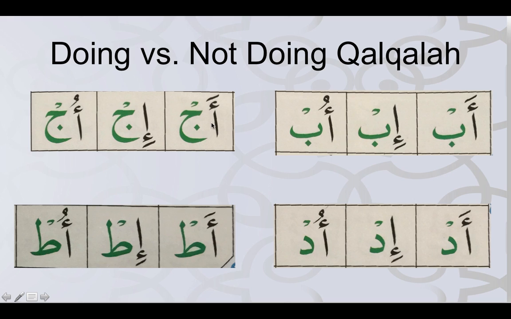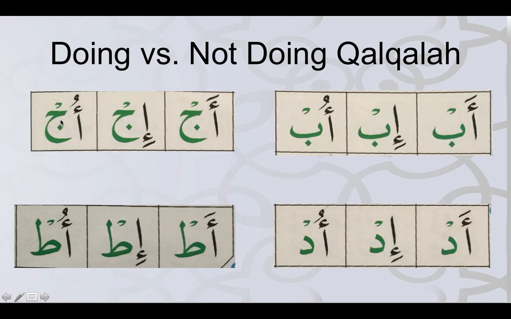But if I were to pronounce it incorrectly, this is how it would sound. Ad, id, ud. Because I didn't bounce or I didn't echo the sound, it's almost impossible for you to tell that I even pronounced the jim. I didn't echo it. One more time. Correctly first and then incorrectly. Correct first.